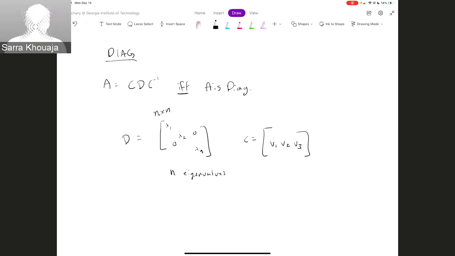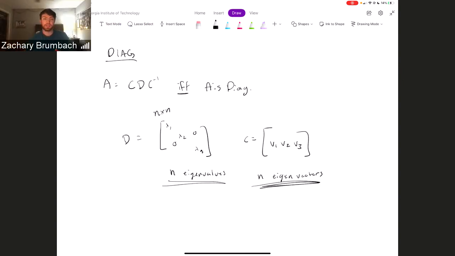You can have only one eigenvalue, but it can occur algebraically n times. So all matrices always have n eigenvalues, but for it to be diagonalizable, it has to have n eigenvectors. That is the only condition.